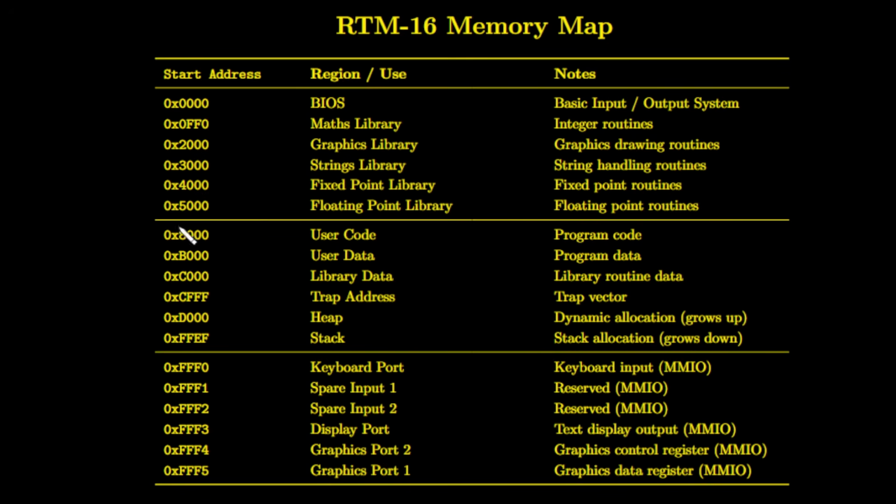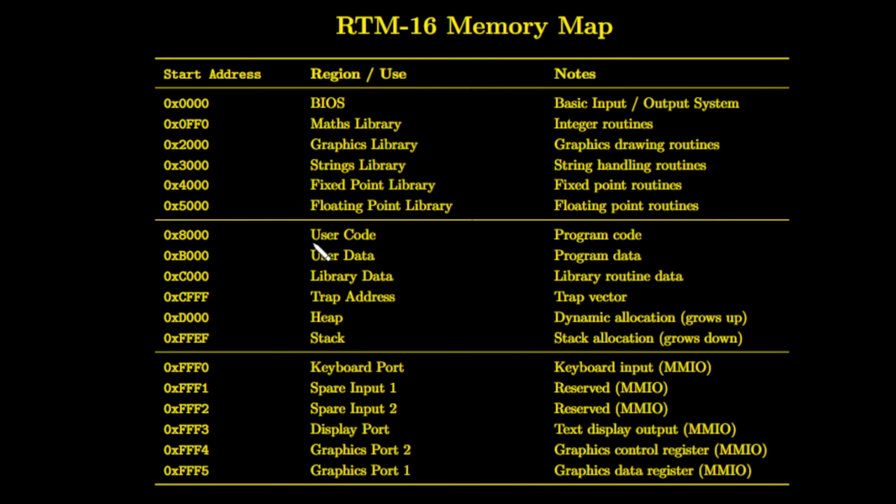Now if we head on to the RAM, we're going to have the beginning of the RAM. The beginning of the RAM is going to be 0x8000. And the first address there, 0x8000, is going to represent the beginning of our user code. That is our program.